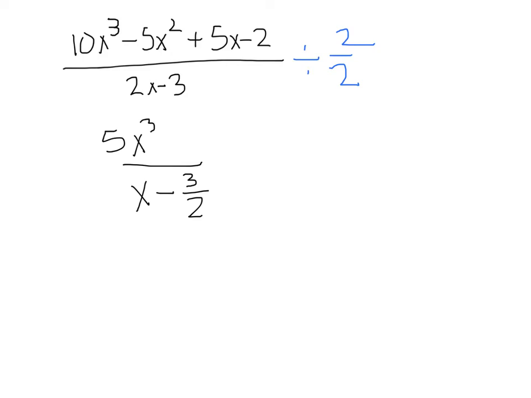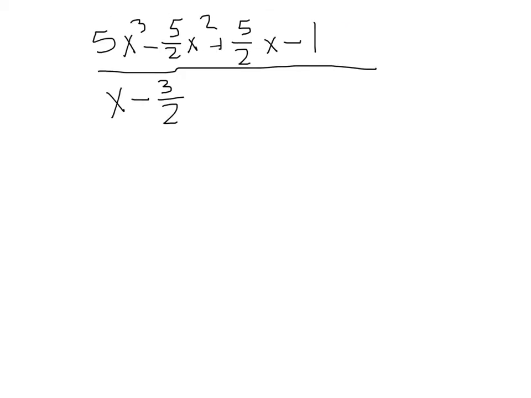Then I have minus 5x squared, that's going to be minus 5 halves x squared. Next we have plus 5x, that's going to be plus 5 halves x. And lastly we've got minus 2. That minus 2 divided by 2 is 1, that's just going to be minus 1.